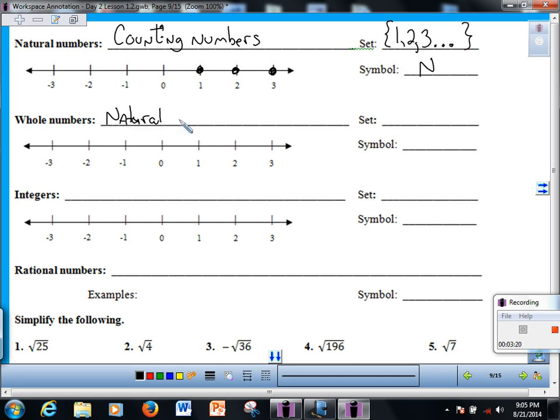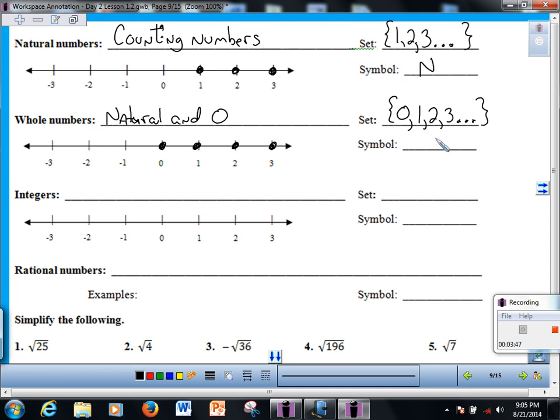If I take the natural numbers and add 0, I get what we call the whole numbers. So on the number line it would look like this. There's a 0, there's a 1, there's a 2, there's a 3. As a set, you'd have that brace, and there'd be a 0, 1, 2, 3, dot, dot, dot.